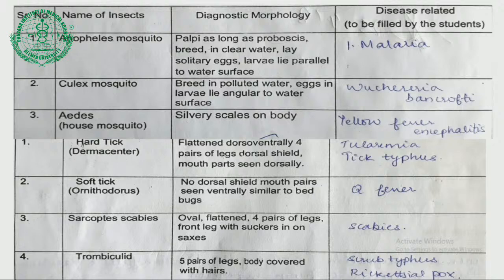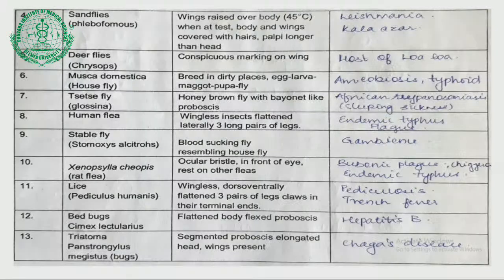So Anopheles mosquito, Culex, Aedes, hard tick, soft tick, trombiculid mite, and different types of flies like sand flies, house fly, tsetse fly, rat flea, lice, bed bugs, and triatomine bugs. So these different kinds of vectors and the infections transmitted by them. So you should know that vectors are arthropods and they will be transmitting different bacterial or viral or parasitic infections.